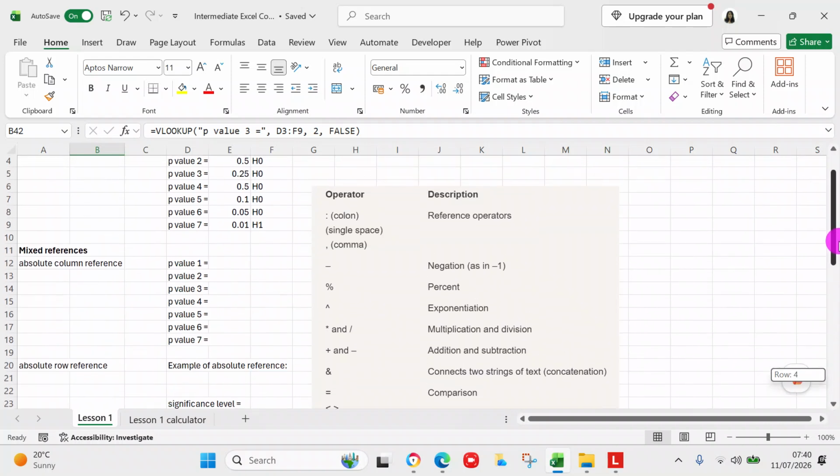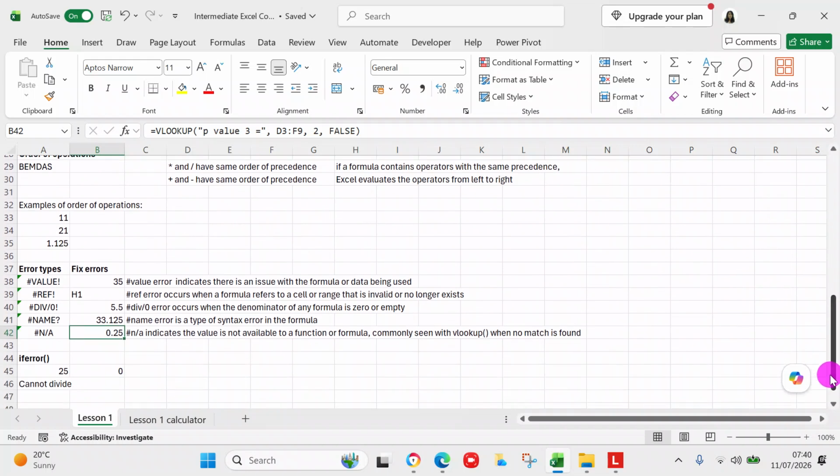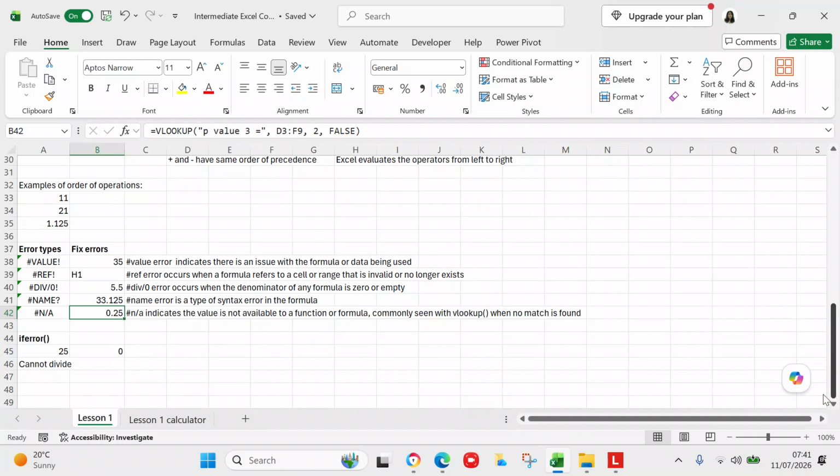If you come over here, we've got D3 to F9, and you're looking for p-value 3, and then you're looking at column 2 of that, and it's 0.25, and that's what we've come up with. I do actually use VLOOKUP in my day job, so that's why I know about VLOOKUP.